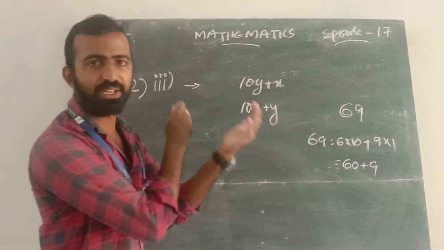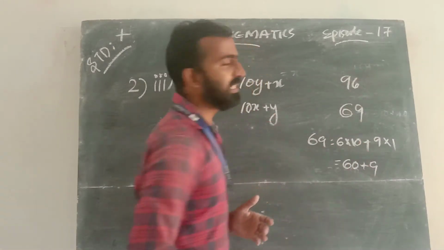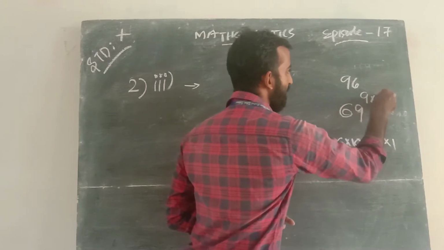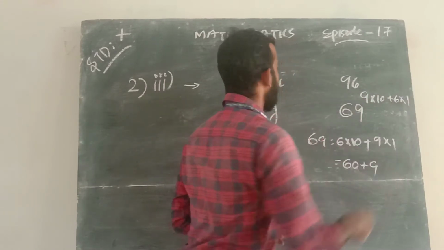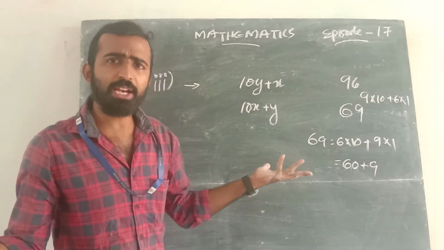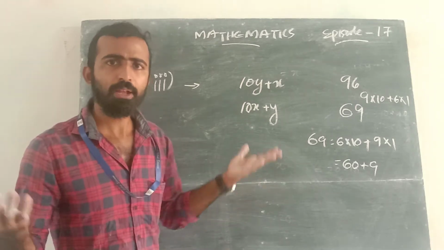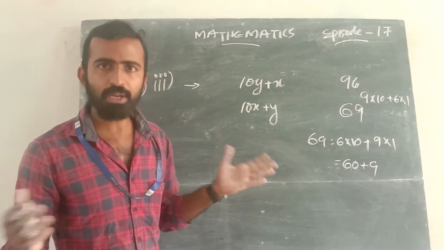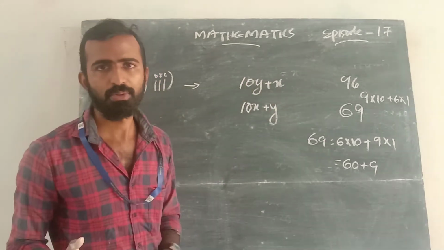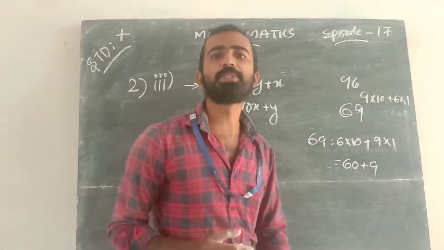Here, reversing 69, we get 96, that is 9 into 10 plus 6 into 1. I didn't write 1 because 1 into any number gives the same number.